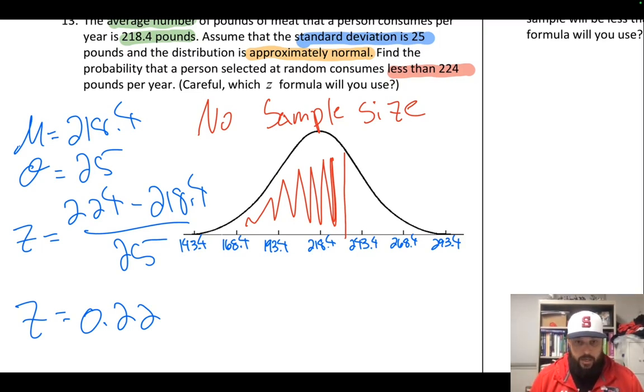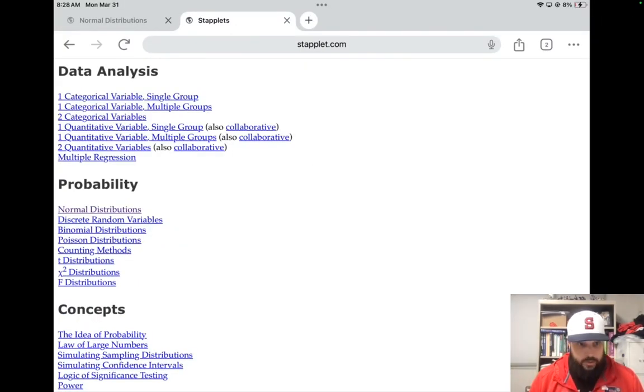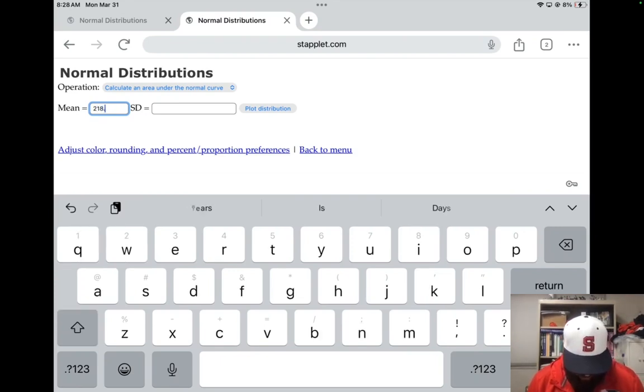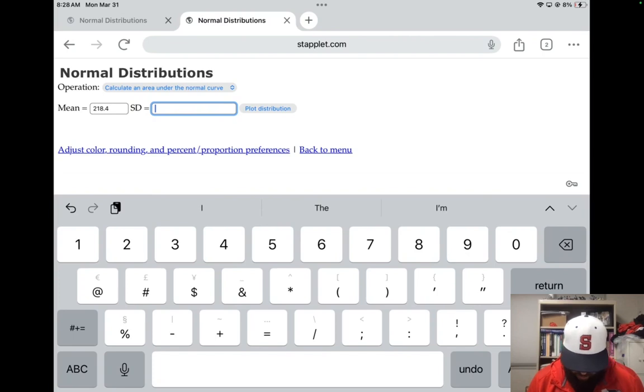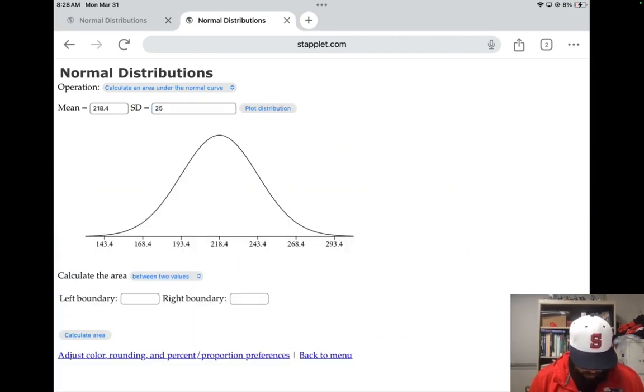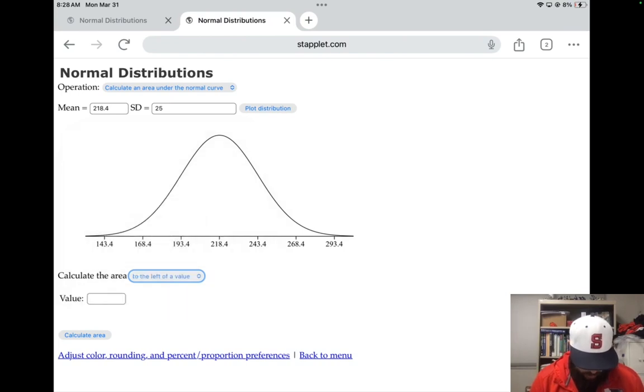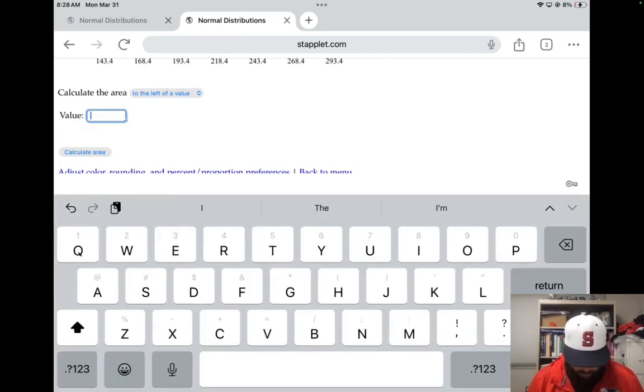So let's go ahead and take that over to Staplet. And then remember, we're using normal distribution. So we had a mean 218.4 and a standard deviation of 25. And we wanted less than, so we want to the left of a value, and our value was 224.